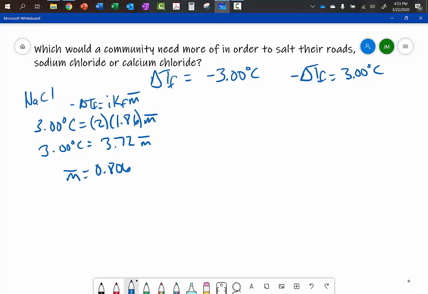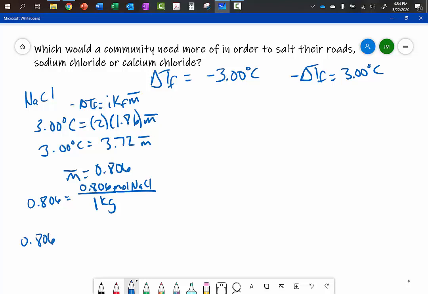Okay, and that would be the concentration I would need of sodium chloride in order to reduce my freezing point by 3 degrees Celsius. So what does that mean? Well, that means that my molality is equal to 0.806 moles of sodium chloride for every 1 kilogram of solvent. In other words, for every kilogram, I'm going to need 0.806 moles of sodium chloride. So how many grams would that be?